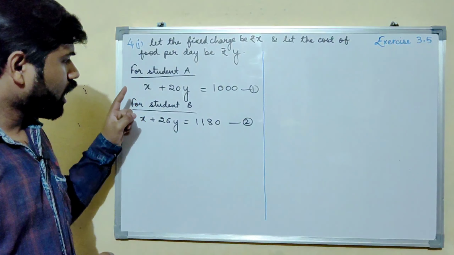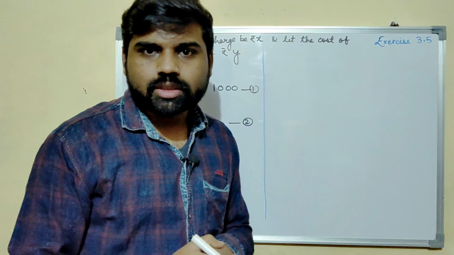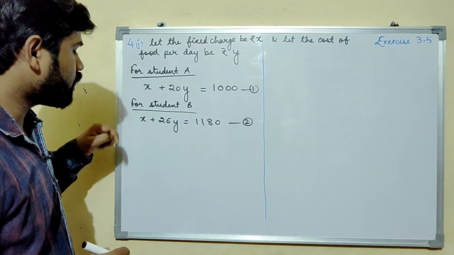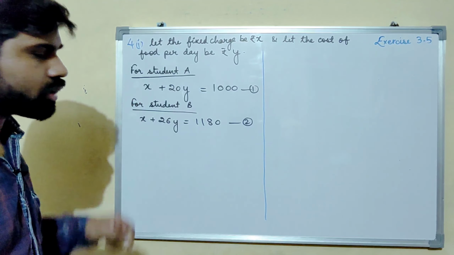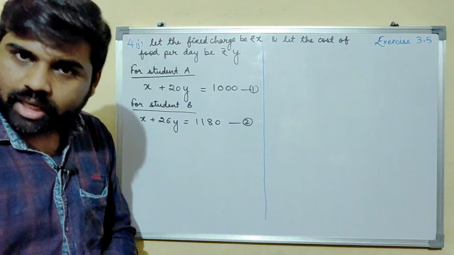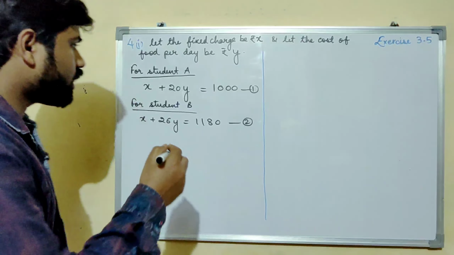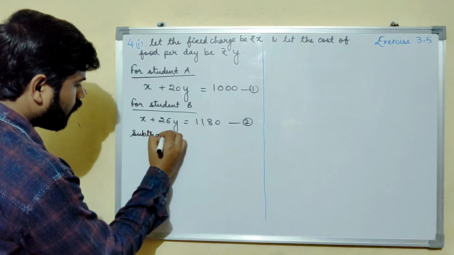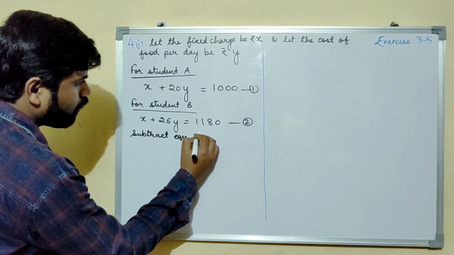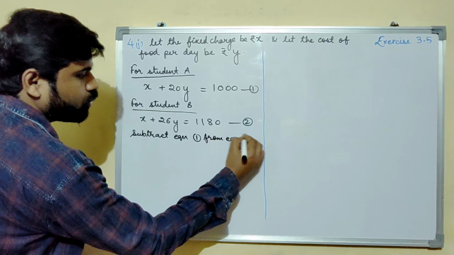Okay, so from here we can see that the elimination method will be easier for these equations. We can eliminate x because the coefficient of x in both the equations are same and the sign is same. Remember the tip, same sign, subtract. So let us subtract equation 1 from equation 2.